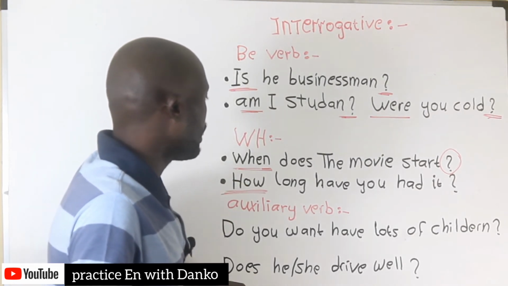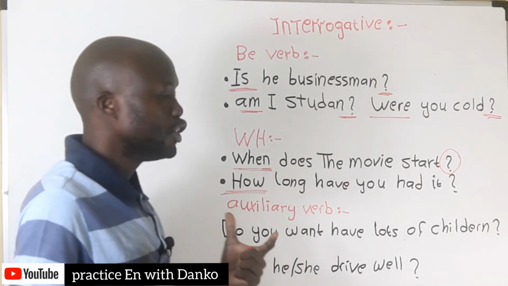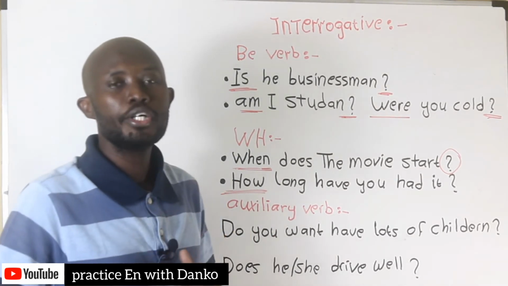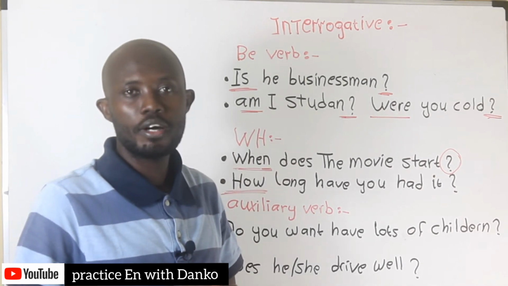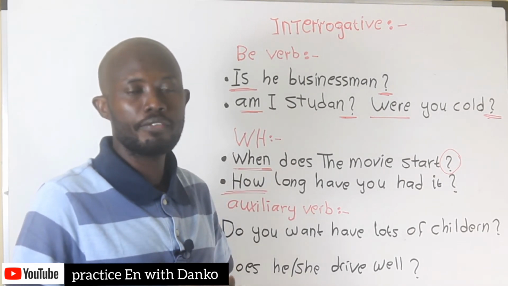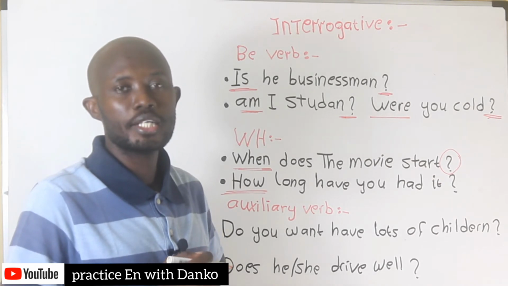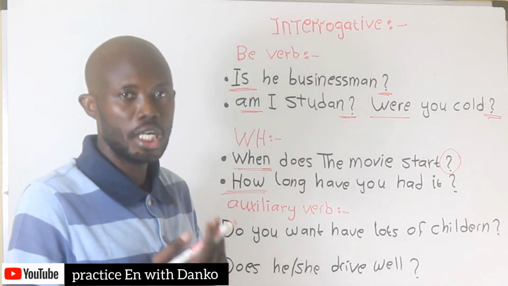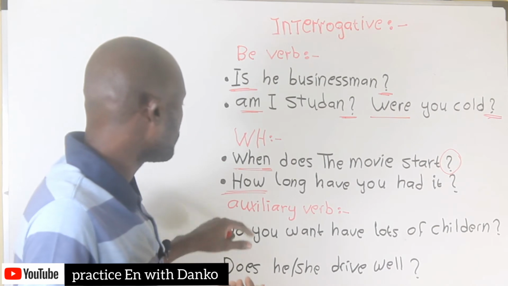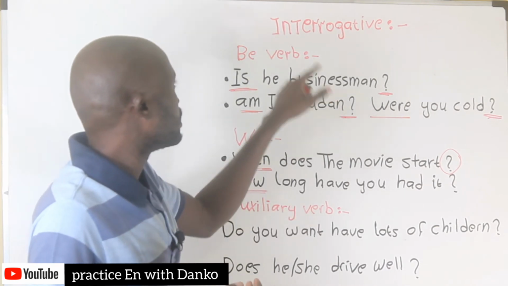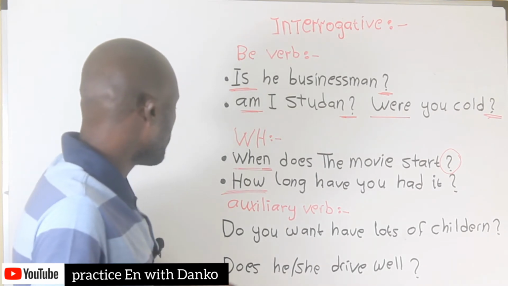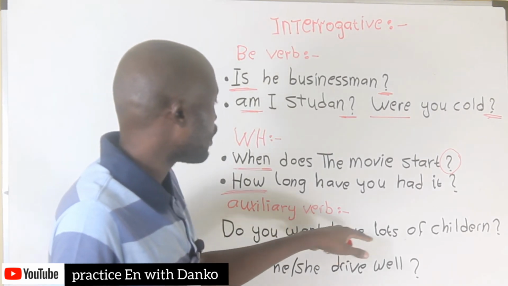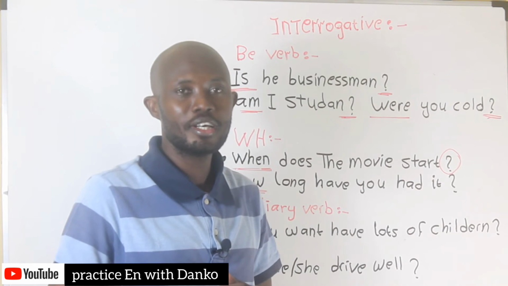Category number three. Let's move to using auxiliary verbs in interrogative sentences. As you know, the auxiliary verbs are do, does, and did. So here we use an auxiliary verb in interrogative sentences. Okay, good. Do you want to have a lot of children?